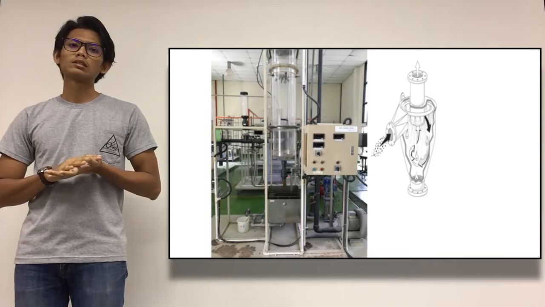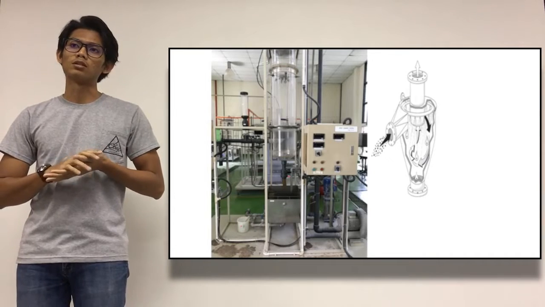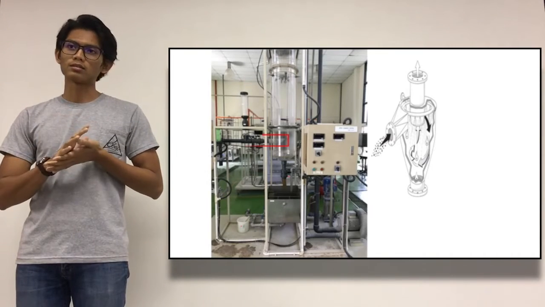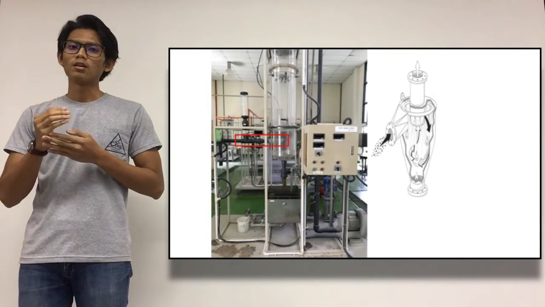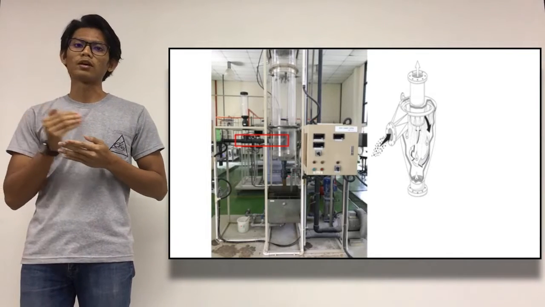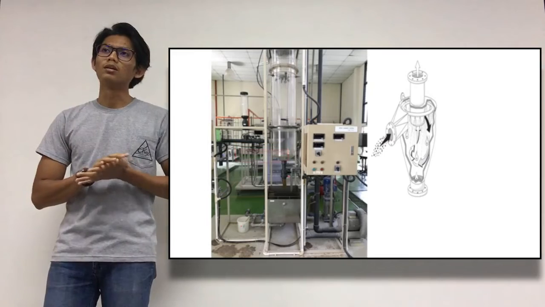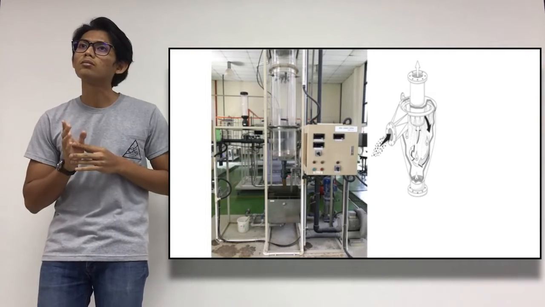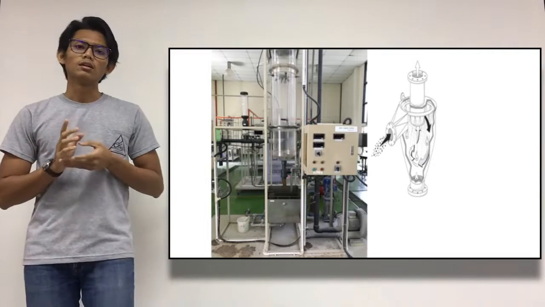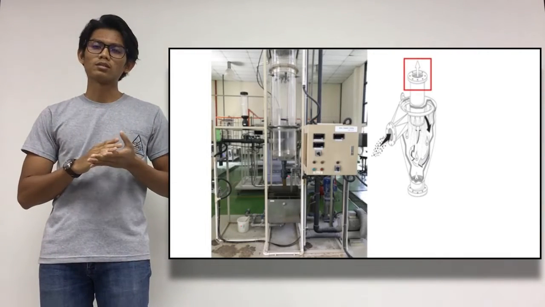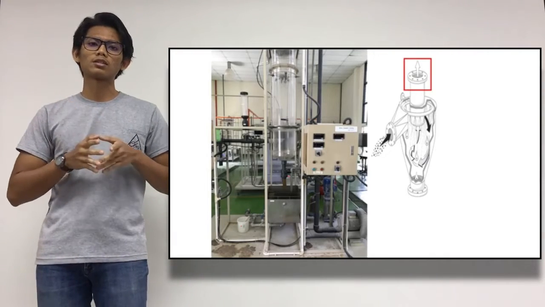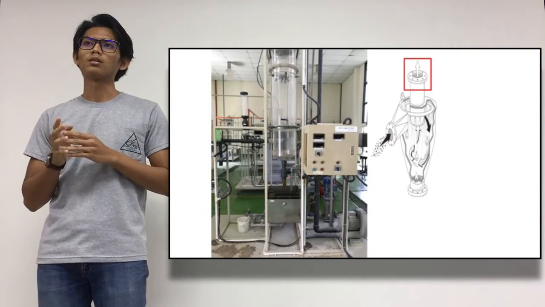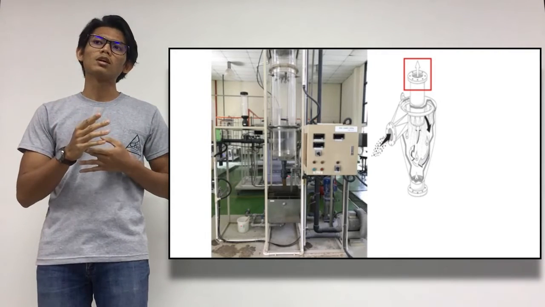Then the third major part is the inlet part, where the dirty gas is fed into the body chamber. The next major part is the outlet part, where the clean gas without particulate matter is discharged.